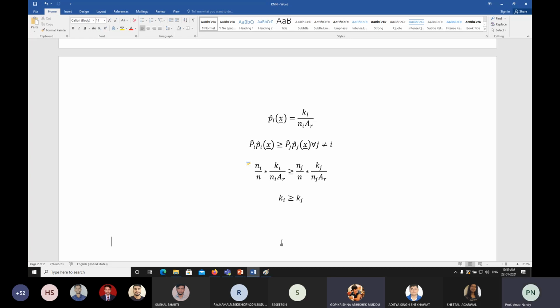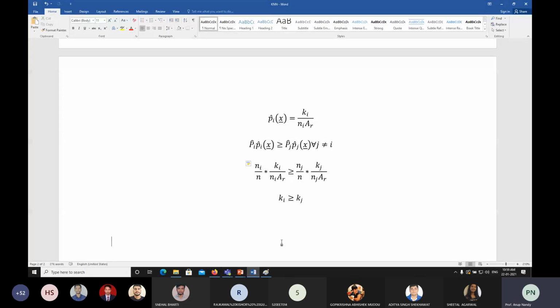If I simply write ki greater than kj, I don't have any problem classifying the test point in one of the classes. But if I put the equal to sign, the number of class representatives can be equal, then how do you take a decision?